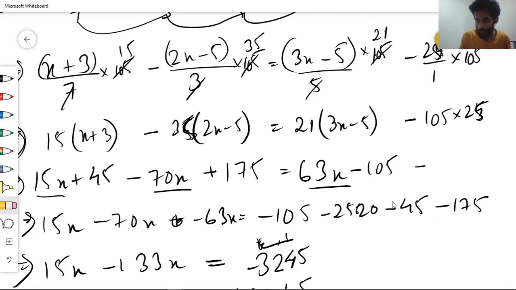So it will be 2500, then 125, so it will be 2525.